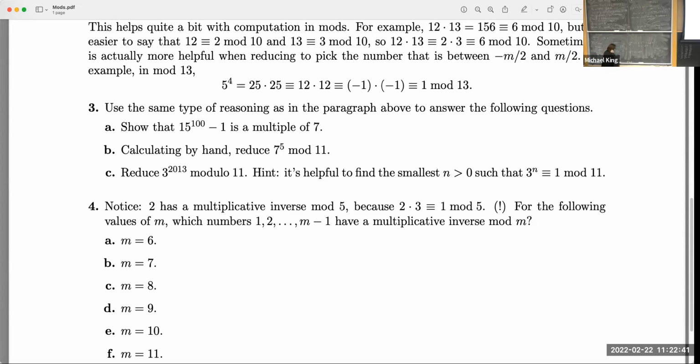You can think of reducing mod 11, or mod anything, as, in my mind, taking the number, dividing by 11, and taking the remainder.